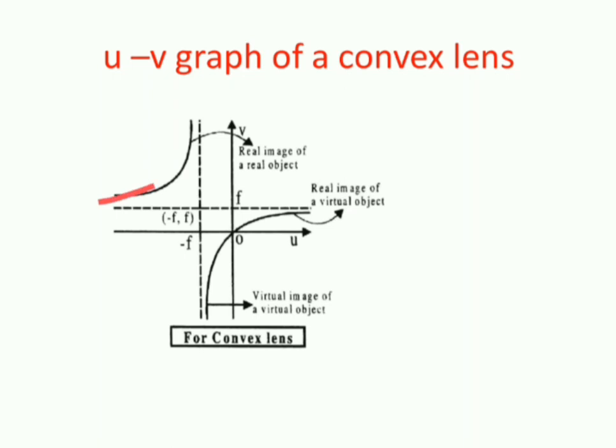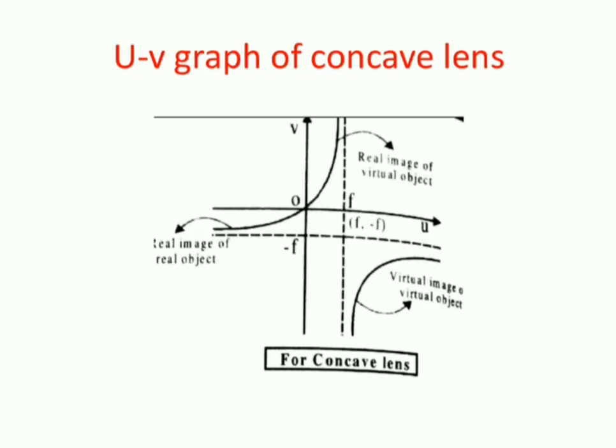Okay, for real image and real object, this will be the line. And for real image virtual object or virtual image real object, it will be below. Okay, the second graph shows you for real image and virtual object, but upper graph is for real image and real object.